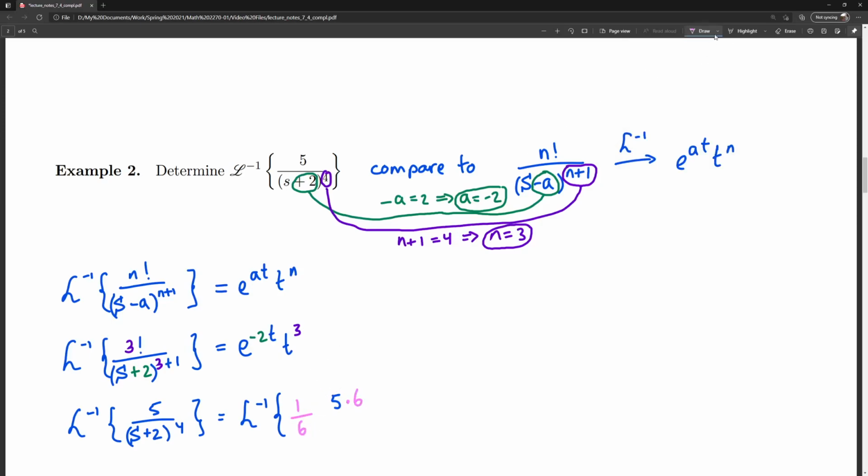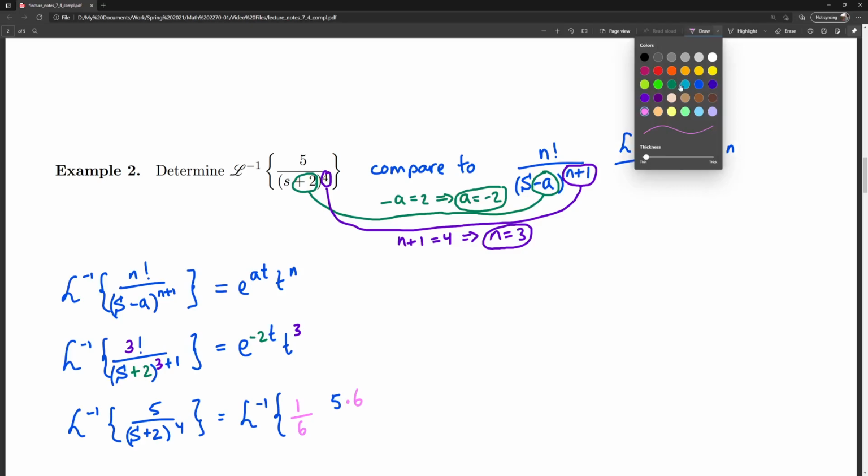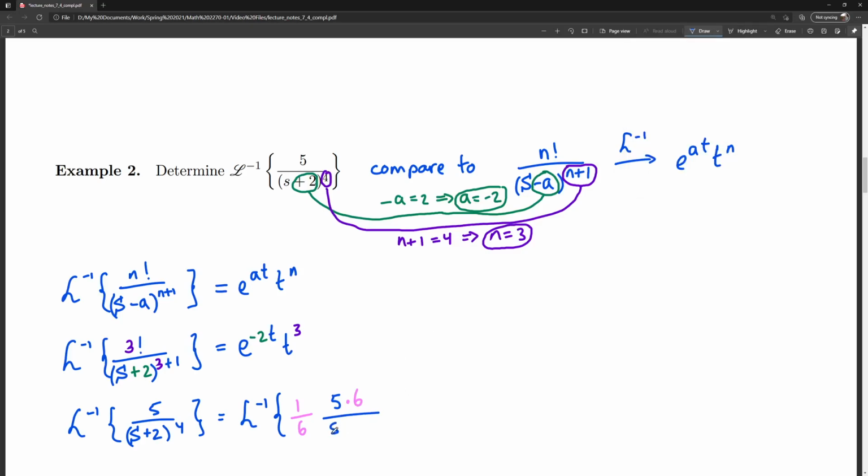So I'm going to get the same expression, and then I divide that by s plus 2 to the power of 4. And I want to keep that 6 because that's what I have here.